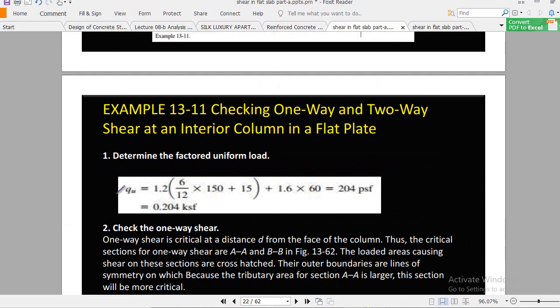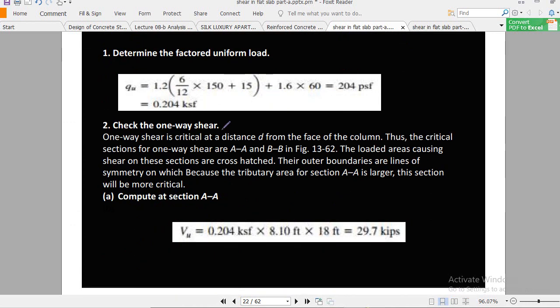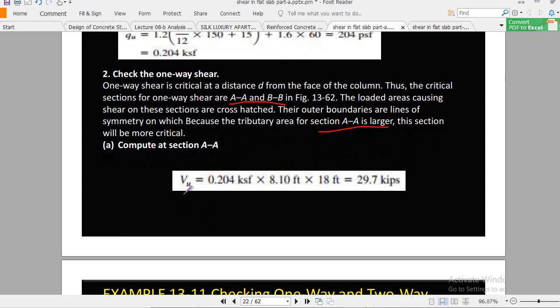So find out the qu value. You already know it: the thickness of the slab times the superimposed dead load plus the live load. Then check for one-way shear. For one-way shear we have sections AA and BB, but section AA governs because it is larger.